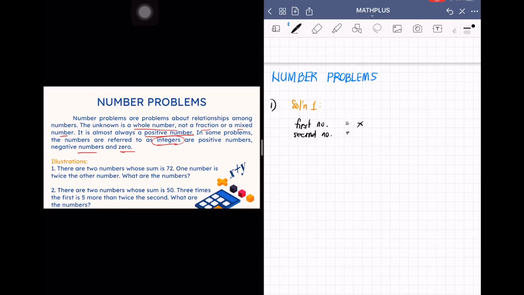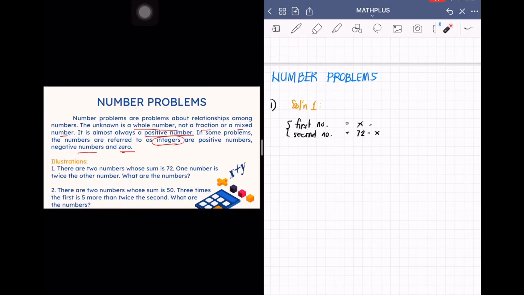That means if we add these two, their sum should be 72. If one of the numbers is x, then subtracting x from 72 gives you the other number, right? Because if you add them, you get x plus 72 minus x. You cancel x, you get 72 as the sum of the two numbers, okay?